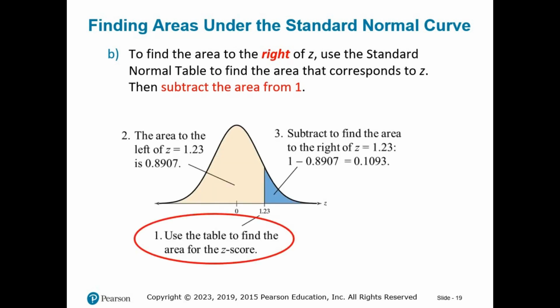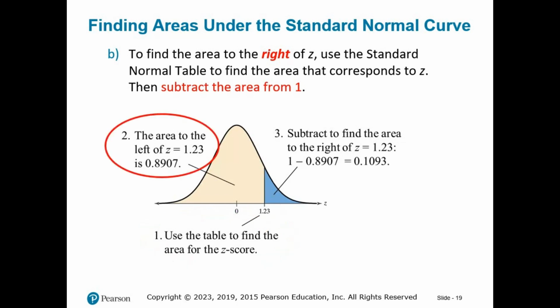You use the table to find the area for the z-score 1.23. We know the area we find on the table, which in this case is 0.8907. That's the area to the left of the z-score, so that's actually giving us the tan area instead of the blue.